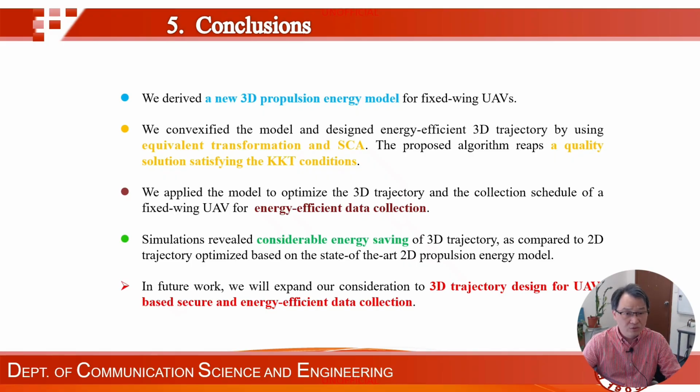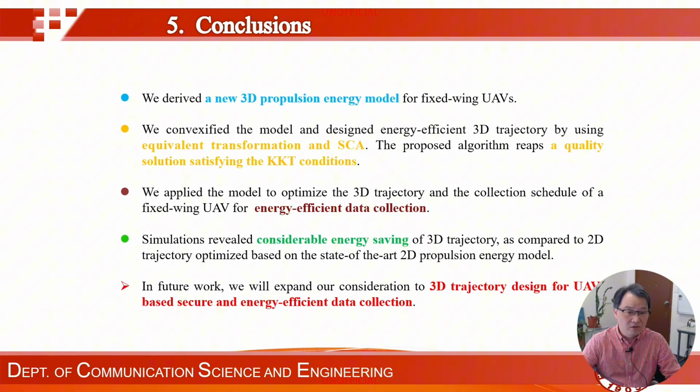Our solution converges to a solution satisfying the KKT optimality condition, which means it is mathematically sound and reliable, and also practically effective. Third, we apply this model to optimize not only the trajectory of the UAV, but also its data collection schedule, ensuring both propulsion and communication energy are considered.